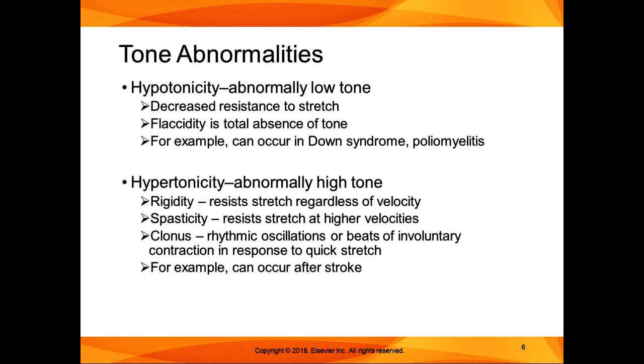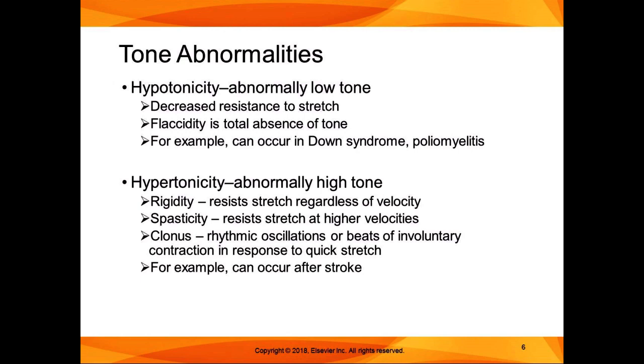So hypotonicity is abnormally low tone. The opposite, hypertonicity, is abnormally high tone. There are different types of hypertonicity. Rigidity resists stretch regardless of velocity. A lot of times when we're talking about something like Parkinson's, where there are changes in the movement control systems, you're stretching someone, and there are really two types of rigidity, and we'll talk more about these.